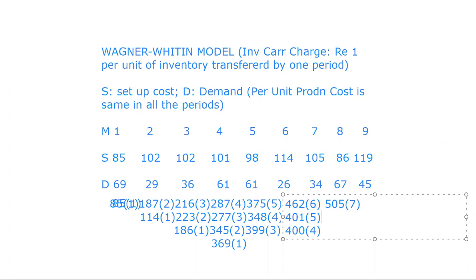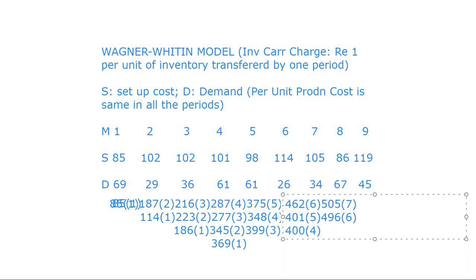Then I produce in period number 6. How much is my cost? 462 plus 34, that is 496.